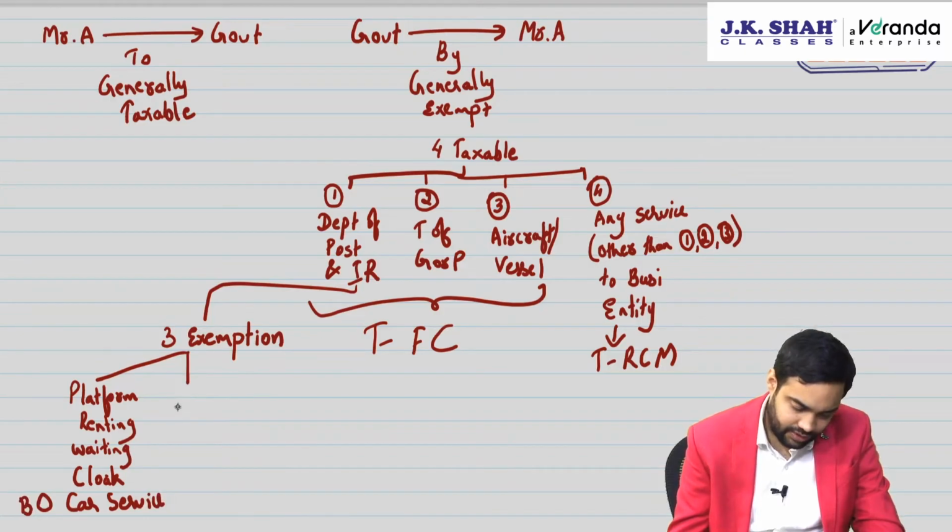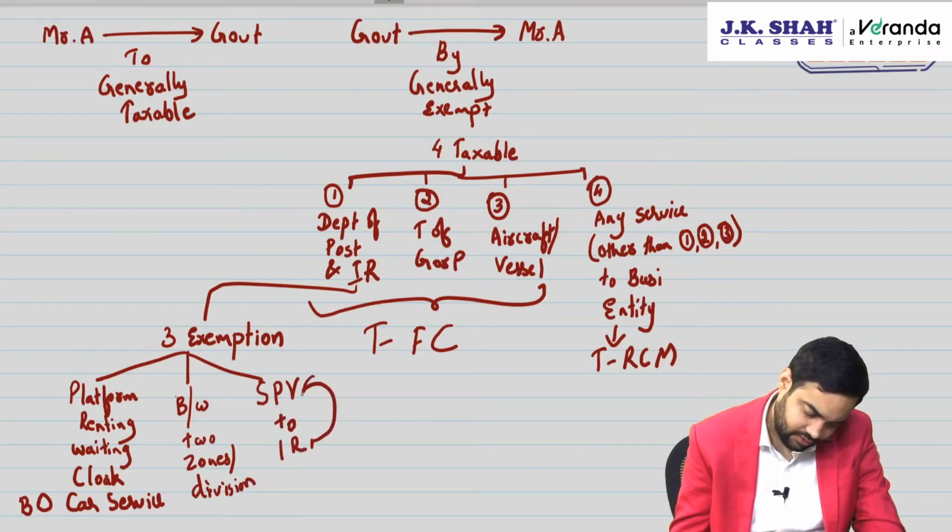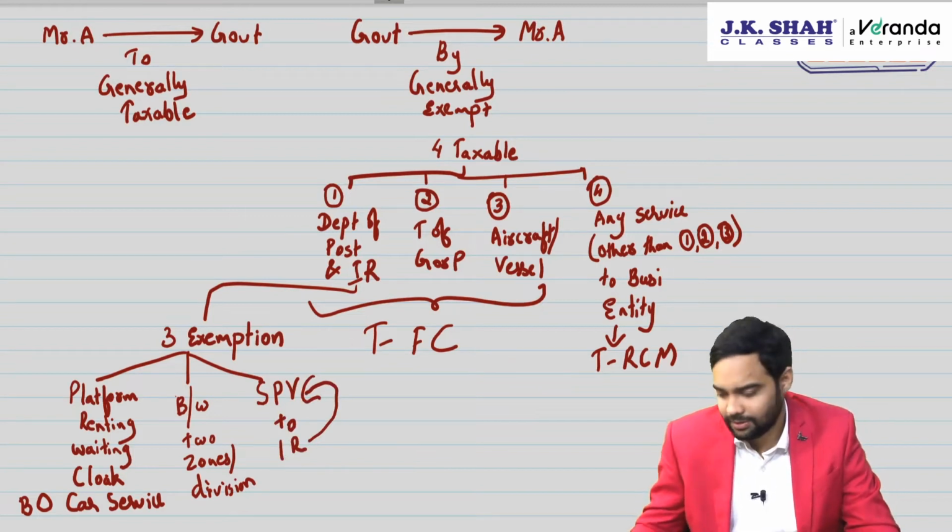Then between two zones or divisions of Indian Railways and any special purpose vehicle to Indian Railways or Indian Railways to special purpose vehicle has been exempted. What is a special purpose vehicle?